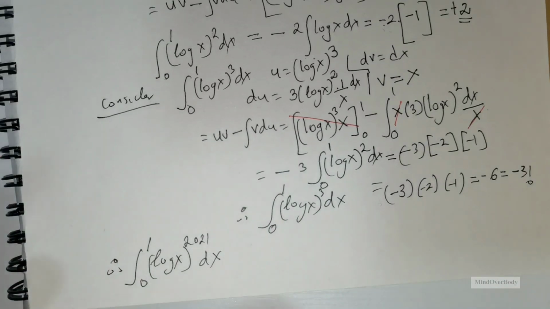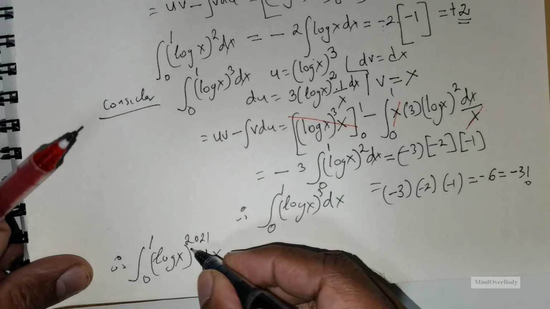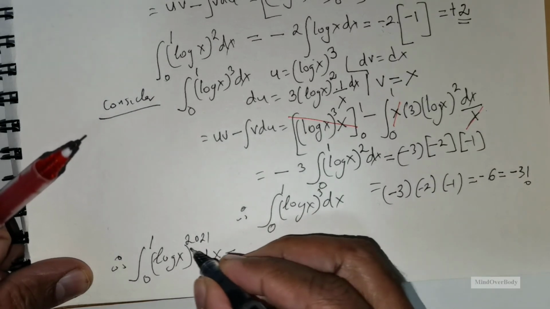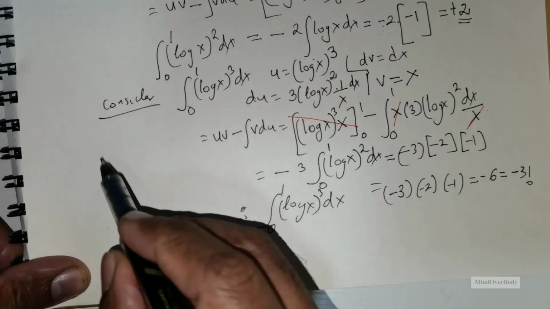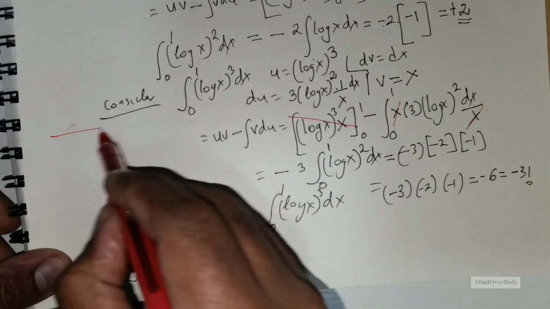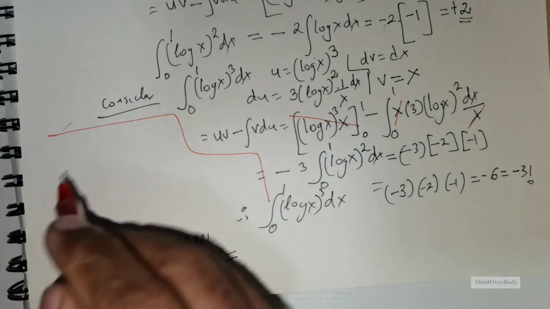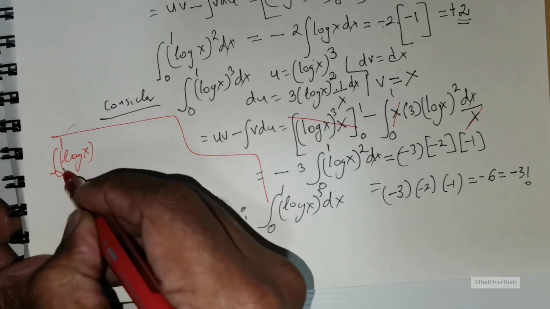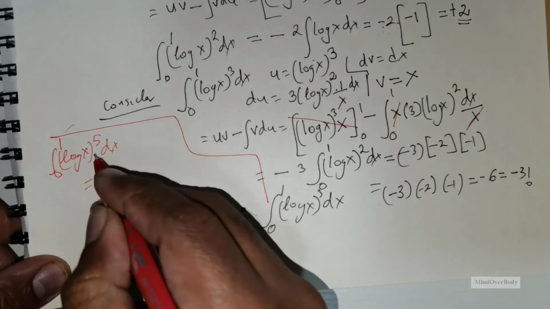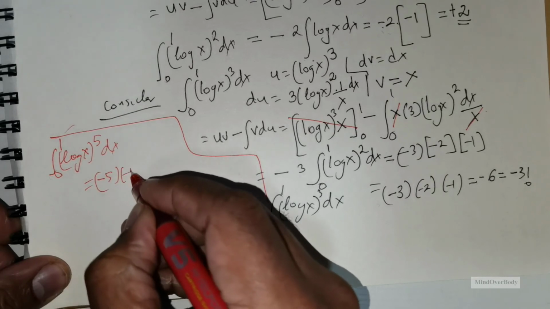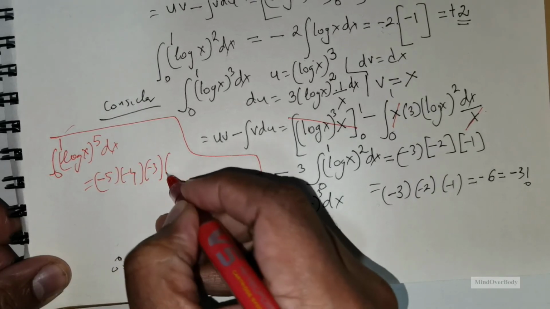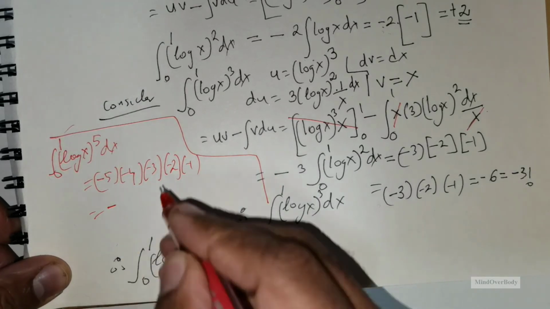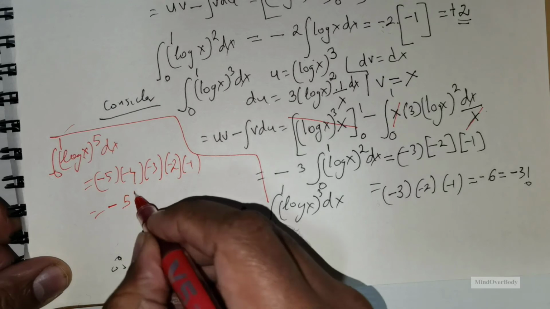Now you can try out for any number and you will find that depending upon the degree, say for example, if I would have the integral 0 to 1 of (log x) raised to the power 5 times dx, then the outcome is going to be negative 5 times negative 4 times negative 3 times negative 2 times negative 1, which is clearly a negative sign, and this is nothing but 5 factorial.